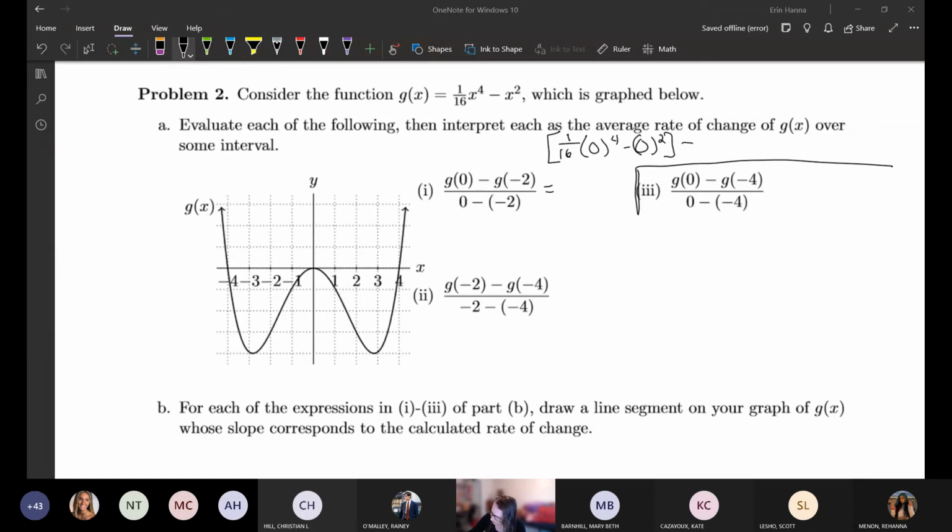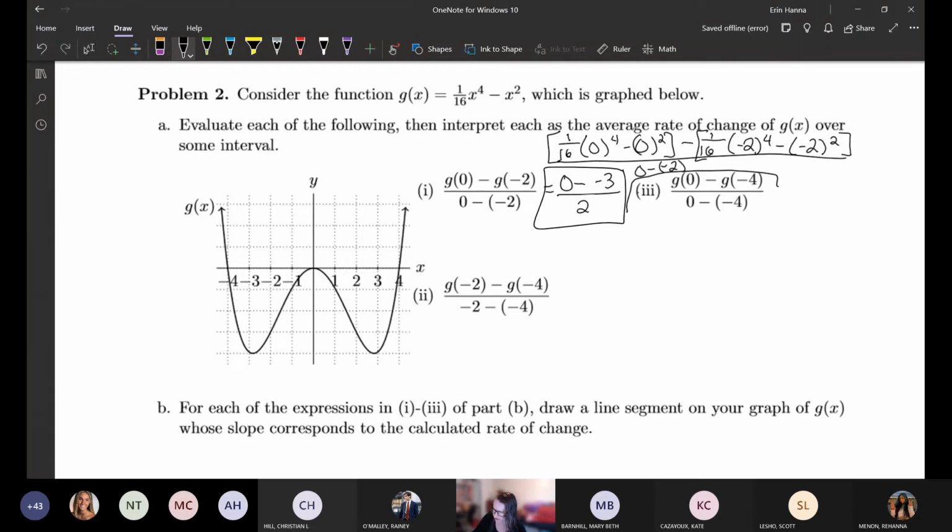And then we would have 1/16 times -2 to the 4th minus -2 squared, all over 0 minus -2. It's getting a little squished, which is why I wasn't originally going to write this out, but now I've committed. That essentially turns into 0 minus -3 over 2.